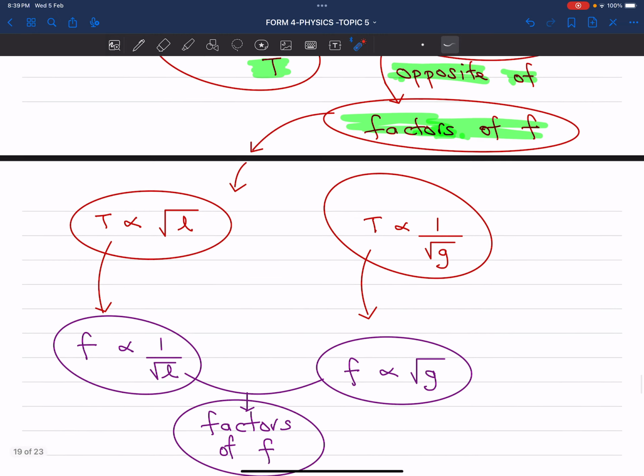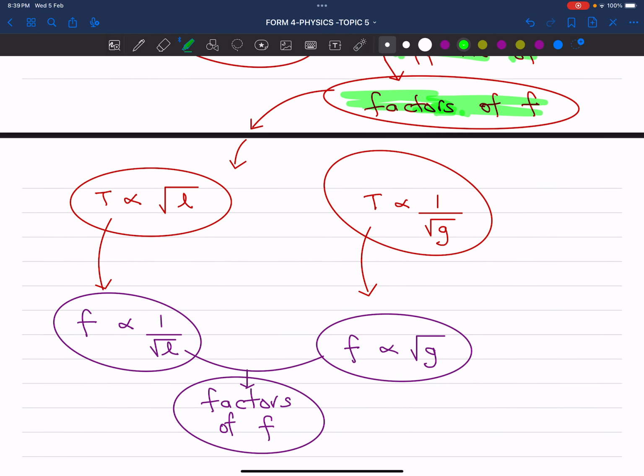Just now we already learned that T is directly proportional to square root L. So if T is directly proportional to square root L, the frequency f is inversely proportional to square root L. And just now we learned that the period T is inversely proportional to square root g.